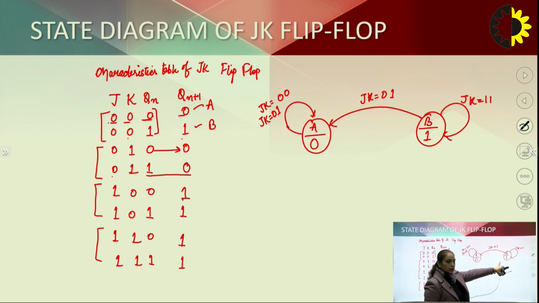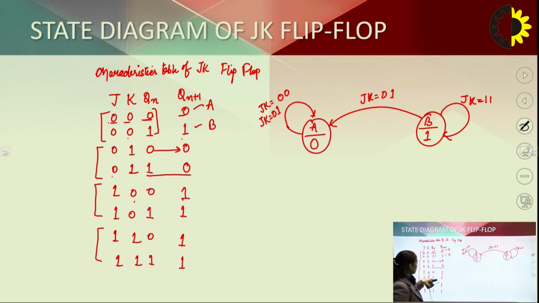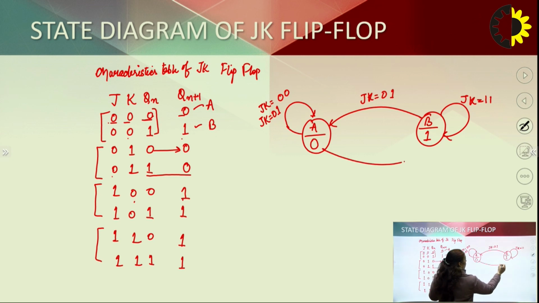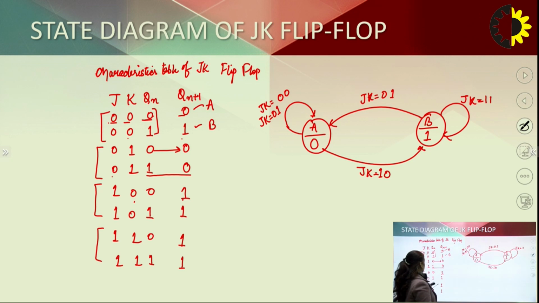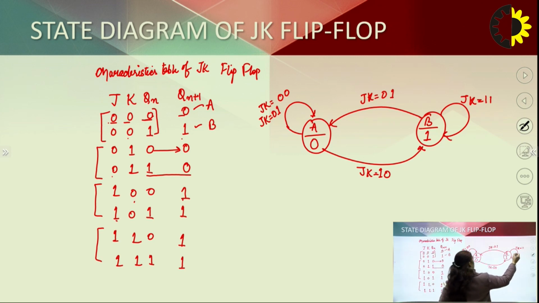Next 1 0, the inputs are 1 0 and we are in 0 state, it is transitioned to state 1. Next 1 0, we are in state 1, and we are going to remain in 1 state. So here the next possible value is 1 0.